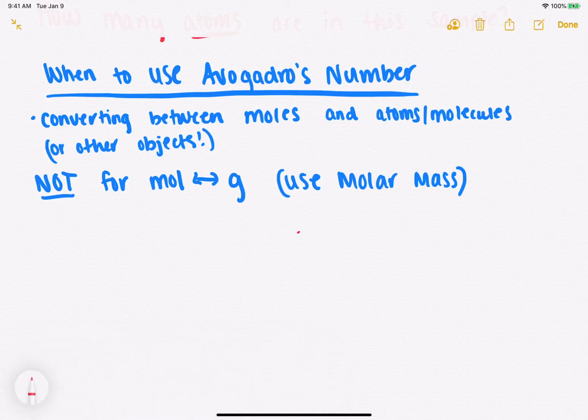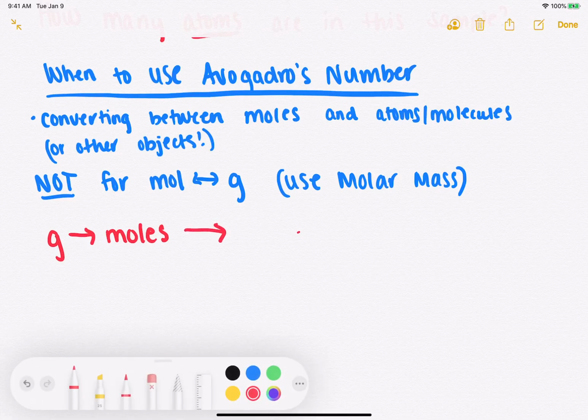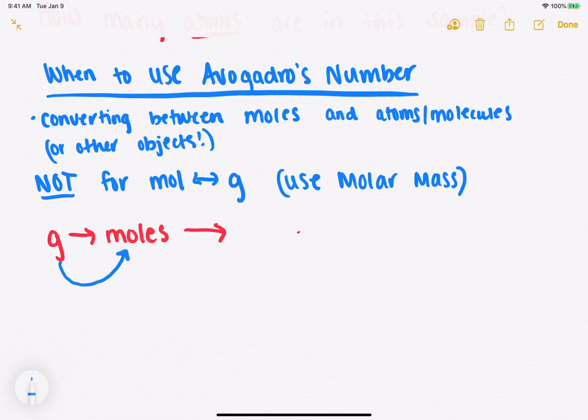If we're starting at grams and we want to get to moles, that's where we're going to use the molar mass. So grams to moles, we use molar mass.